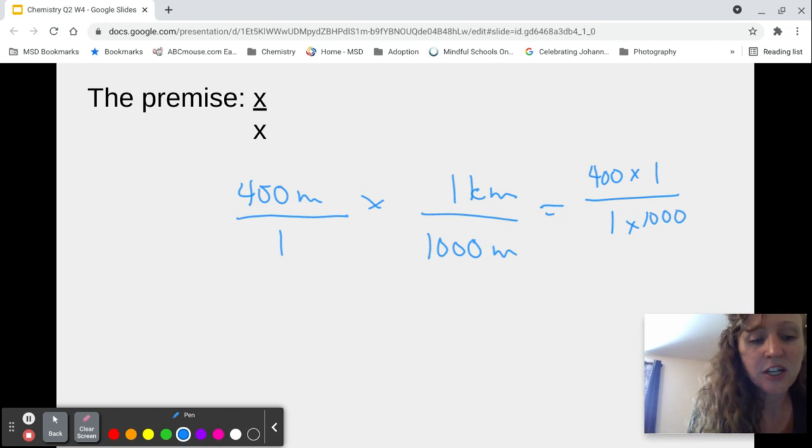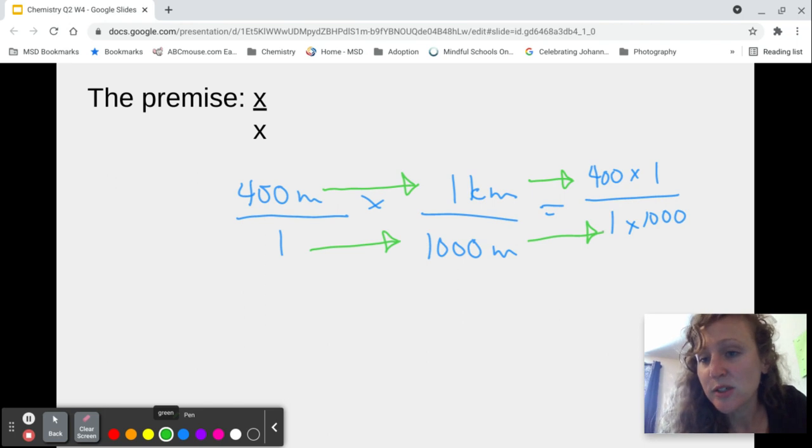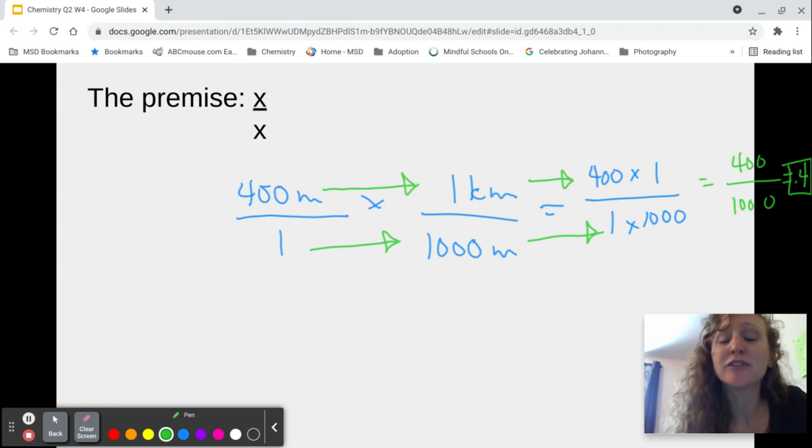When multiplying fractions, you're going to multiply the numerators. You're going to multiply the denominators. And then you take those products. 400 times 1 is 400. 1,000 times 1 is 1,000. And then you divide. Okay, so you have to know how to multiply fractions.